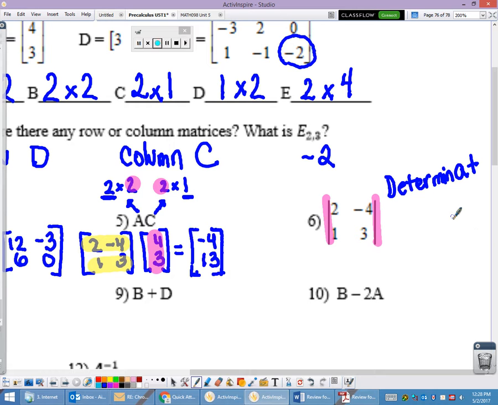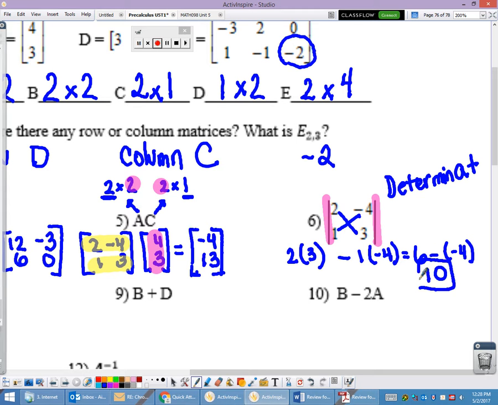We're going to find the determinant of this matrix. To do that, it's kind of a cross multiplication problem, and then you subtract. So I'm literally just going to multiply 2 times 3 and subtract 1 times negative 4. So that will give me 6 minus negative 4, and 6 minus negative 4 is actually 10.